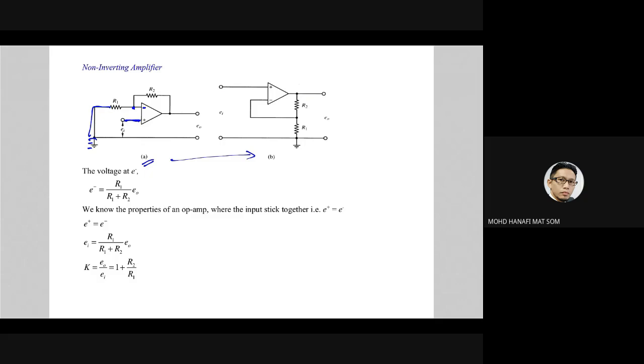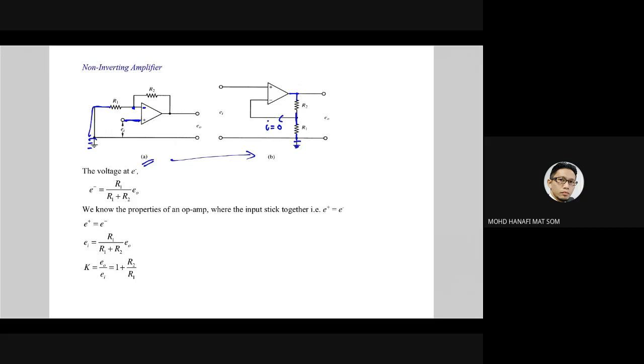When we see the circuit in B, we can see that it is very easy to analyze. The current from the op-amp flows in this direction, goes to the ground. So there is no current flowing into the negative terminal of the op-amp, because of the op-amp properties.